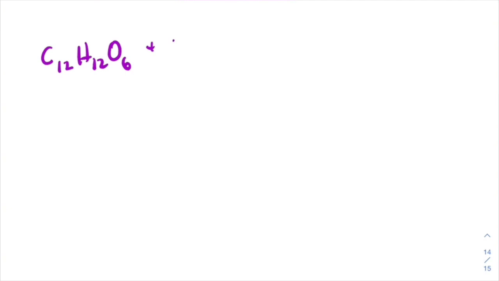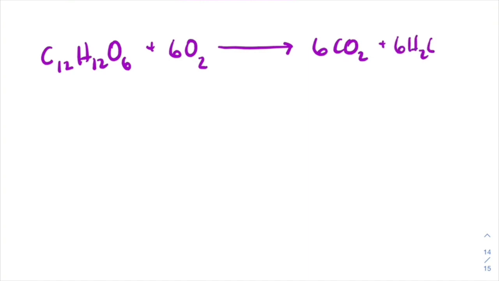C6H12O6 eventually has to combine with 6 oxygen molecules to produce 6 CO2 molecules plus 6 water molecules right there. A lot of you may have seen this overall chemical reaction before. It is the overall chemical reaction.